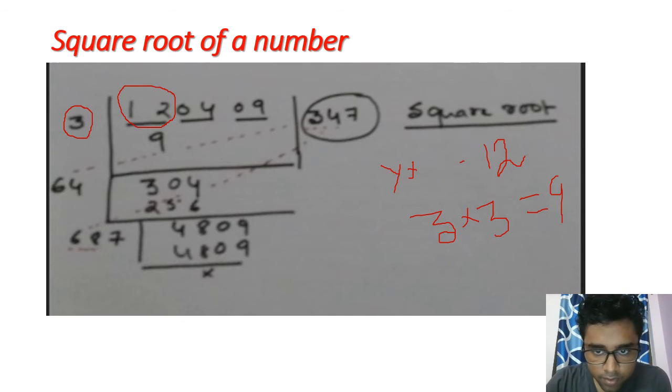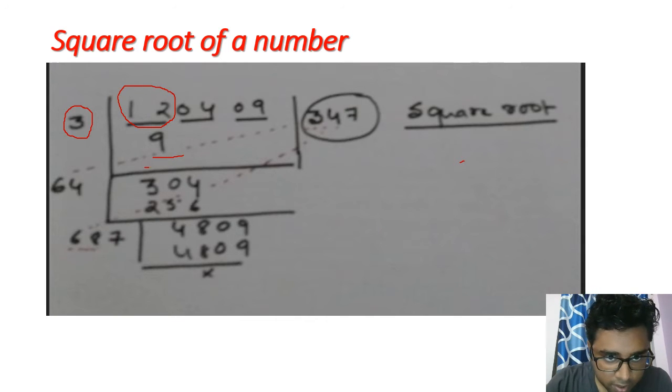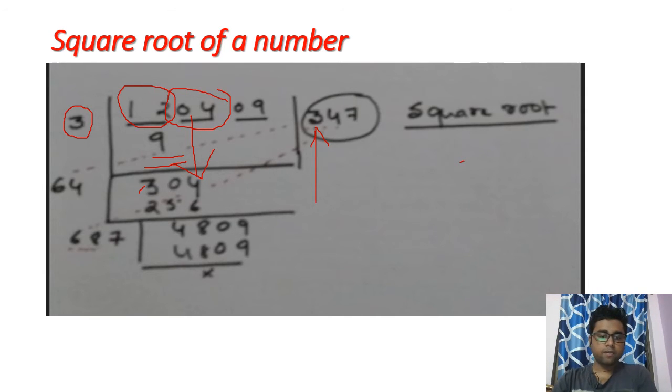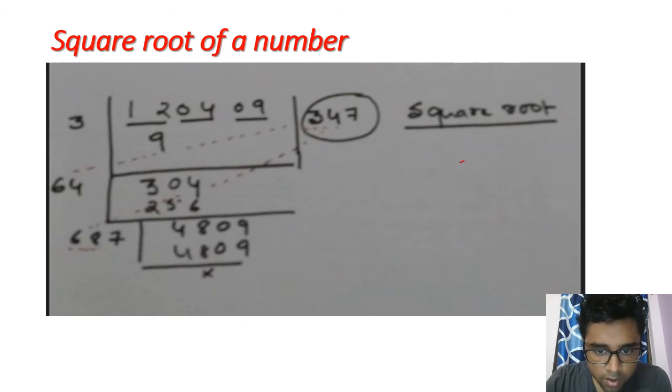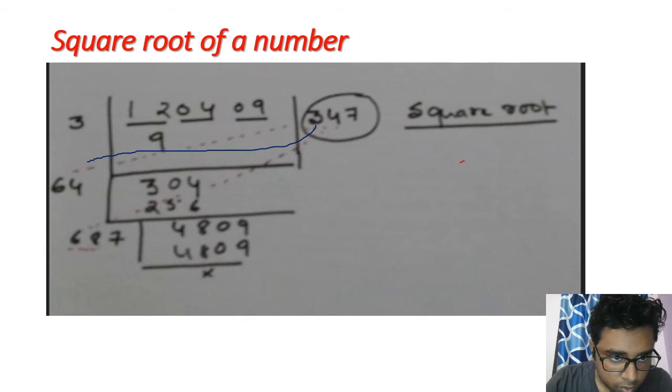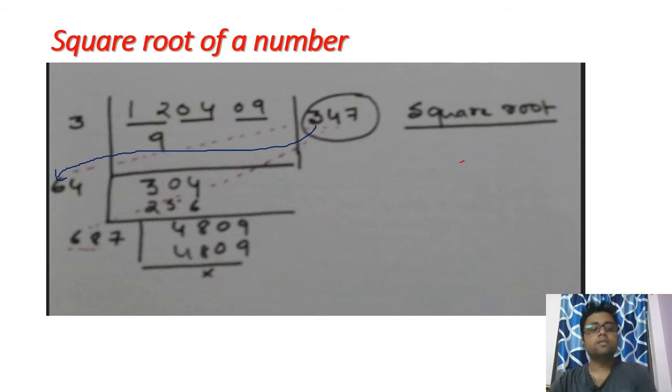Okay, so we put 9 here, and the resultant we are putting here. So we are getting 3, and we are bringing down 40 here. Okay, now from 3 we are getting 6 by doubling this number.